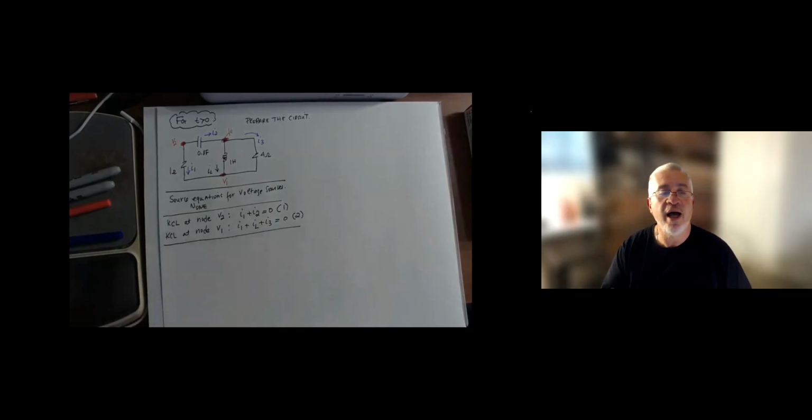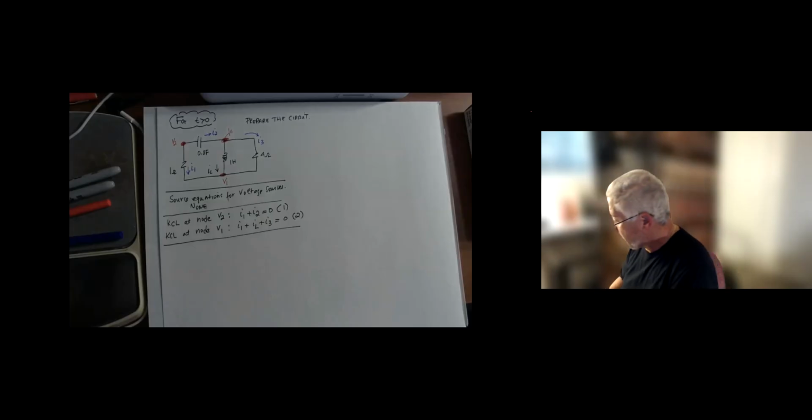What I get in KCL at node V1 is I1 plus IL plus I3 equals 0. That's my equation 2. So these are my 2 KCL equations for my 2 nodes. I don't have any source equations. I don't have any supernode. I didn't have any voltage source in that particular circuit for t greater than 0.